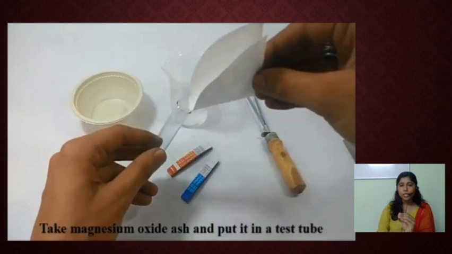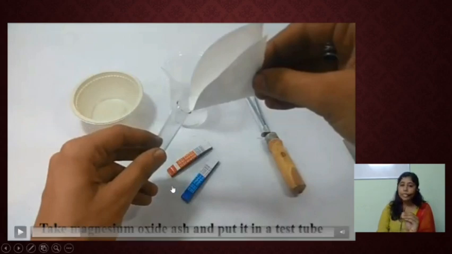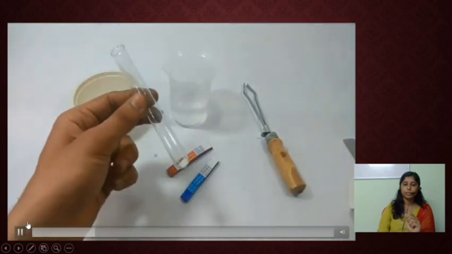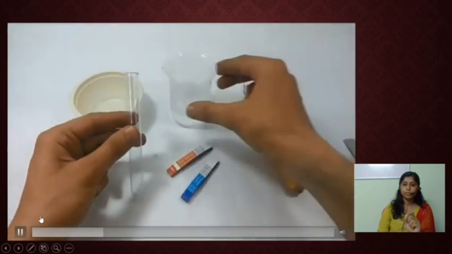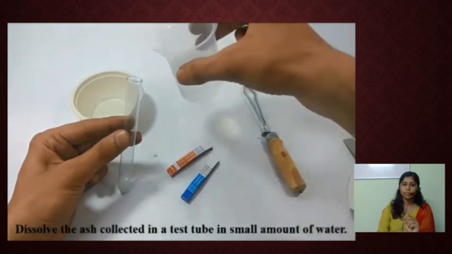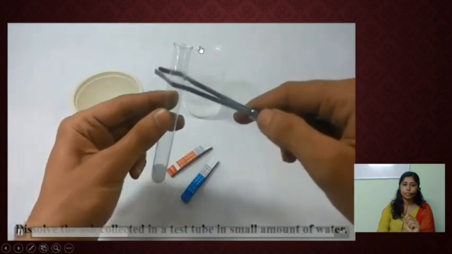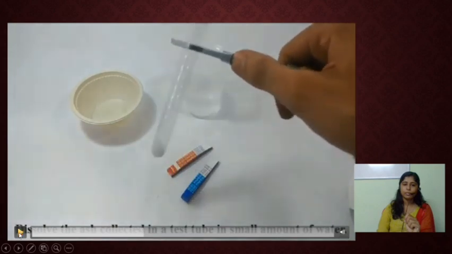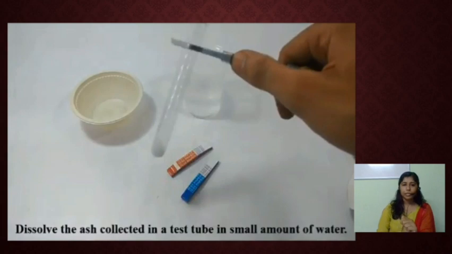To test the nature of metallic oxide, here we take magnesium oxide and dissolve the magnesium ash using a small amount of water.